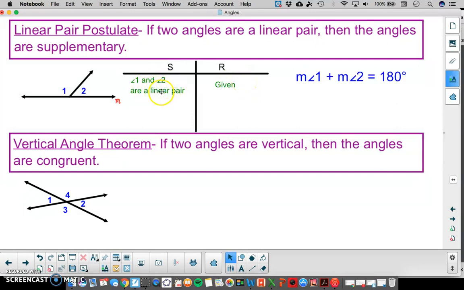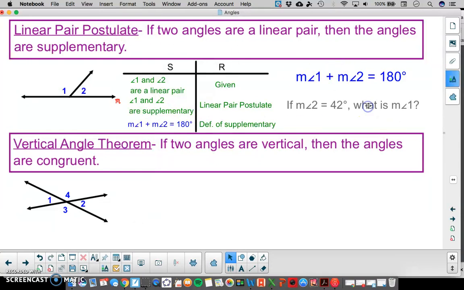Because I know they're a linear pair, by the linear pair postulate, I know 1 and 2 are supplementary. Because 1 and 2 are supplementary, that relationship tells me the measure of angle 1 plus the measure of angle 2 equals 180 by that definition. So we've proven that relationship using the linear pair postulate. For an example, if the measure of angle 2 equals 42 degrees, what would be the measure of angle 1?